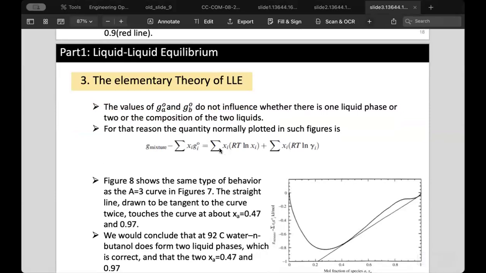So it depends on the activity model. If we know exactly the activity coefficient model for each component, we can check whether our mixture can separate into two liquid phases or not.